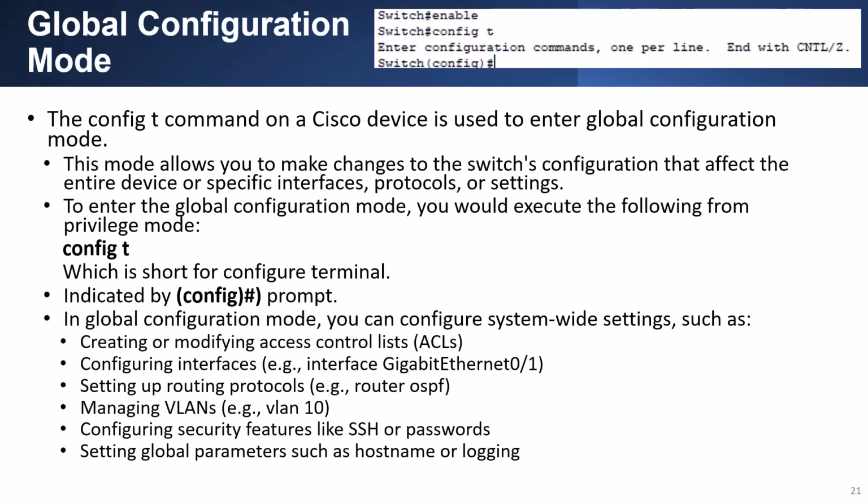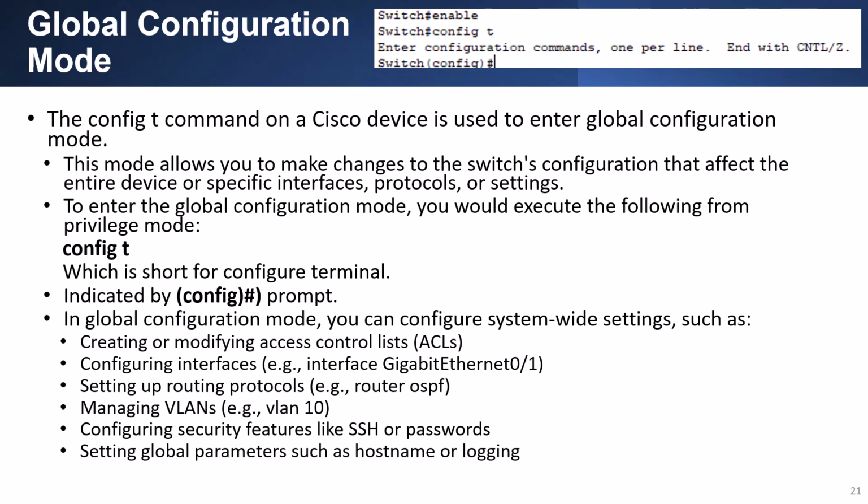When you make changes, don't forget to save your changes. The config t command on a Cisco device is used to enter global configuration mode. This mode allows you to make changes to the switch's configuration that affect the entire device or specific interfaces, protocols, or settings. To enter global configuration mode, you would execute the following from privilege mode: config t, which is short for configure terminal.